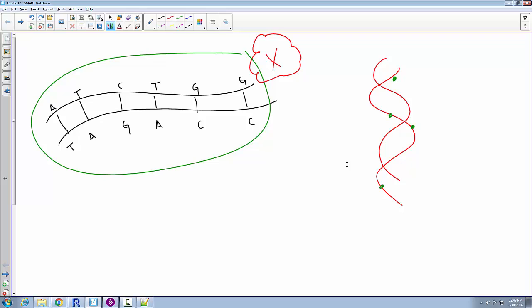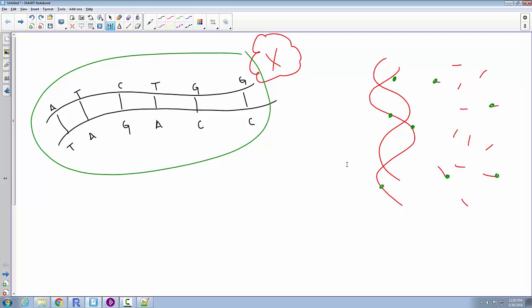So if we can break the DNA like we have to do when we do next-gen sequencing, break it all up into tiny pieces, we would have tons of little fragments, and some of them would have the transcription factor bound to them. Some of them would not. So all we would need to do is separate out the reads that have the transcription factor on them.